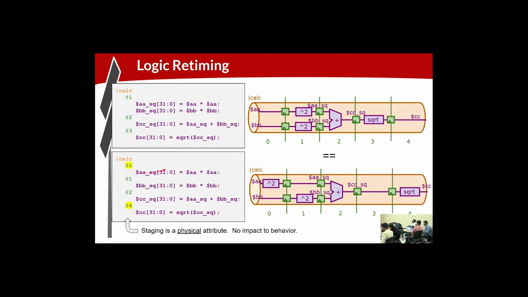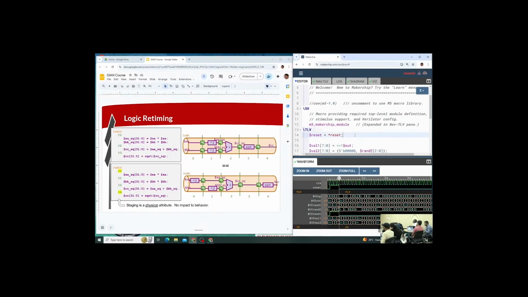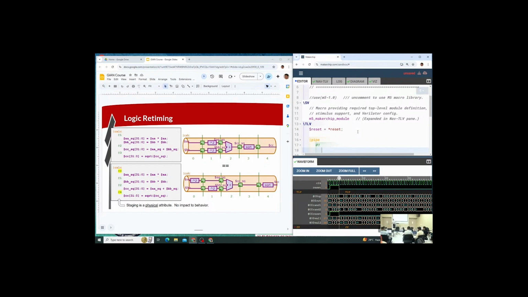So the declaration, which is implicit here, of a squared defines, actually, let me jump over to Makerchip. It'll be pretty apparent there. So let me just make a separate pipeline with stage 1. It's simple.